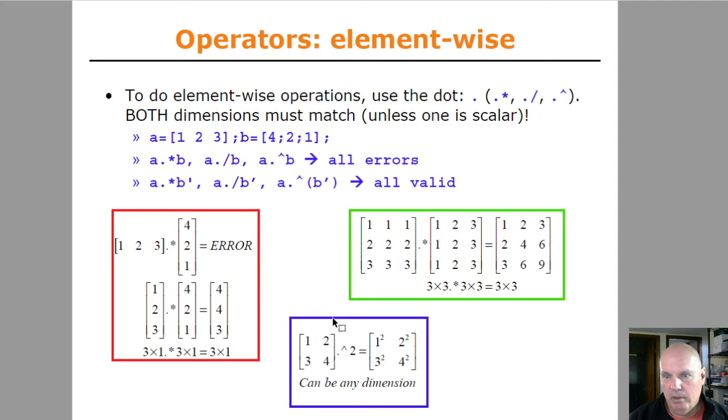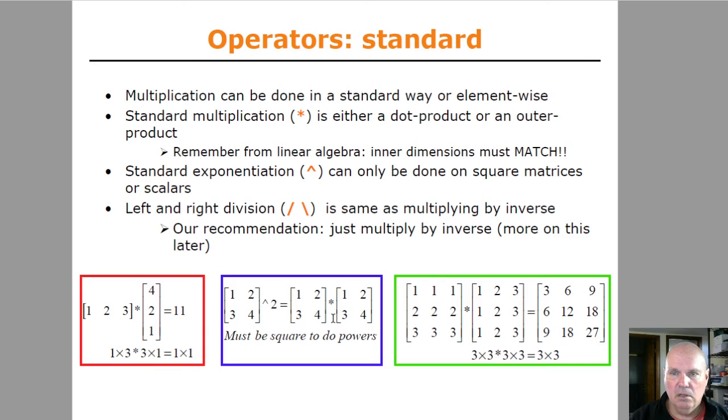But in the linear algebra course, we almost always do matrix operations, and so use the standard operators without the dots. So again, we use both, and they are very useful in different applications.